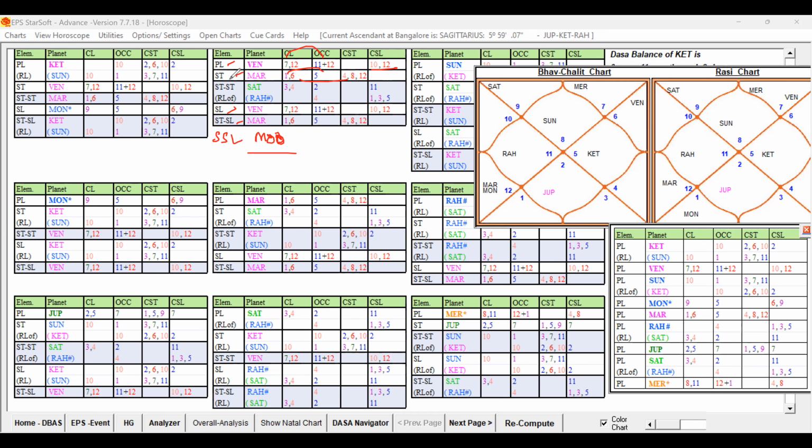As I said, in the step number 2, there is one level which is weak. You have to check the star lord of the star lord, whether it is for increasing the favorable strength or unfavorable strength. The star lord of the star lord is Saturn. That is favorable green planet, 3, 2, 11. So 1 and 5 of the Mars is getting supported by the 3, 2, and 11. Importantly, the second planet of this also is supporting.